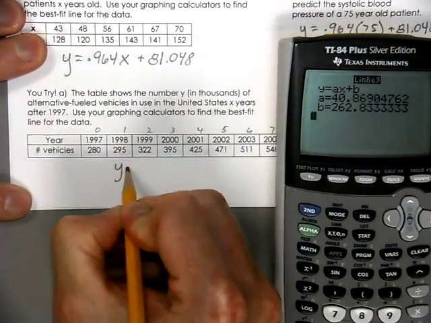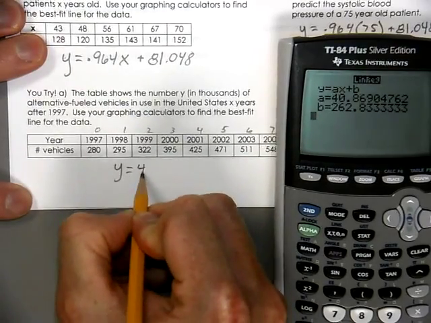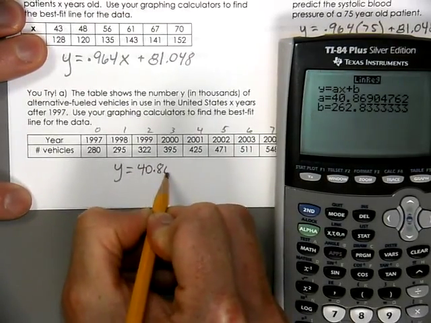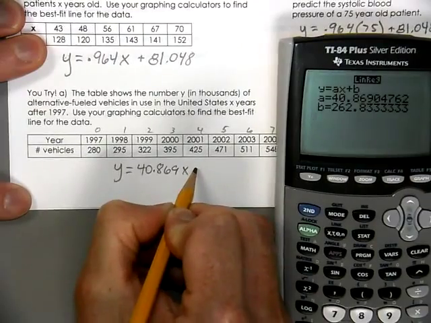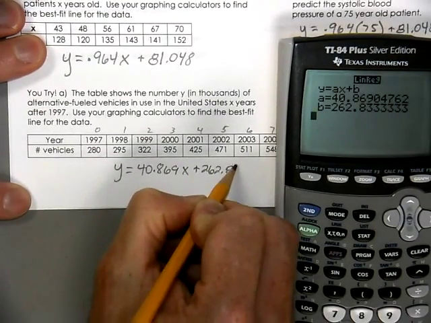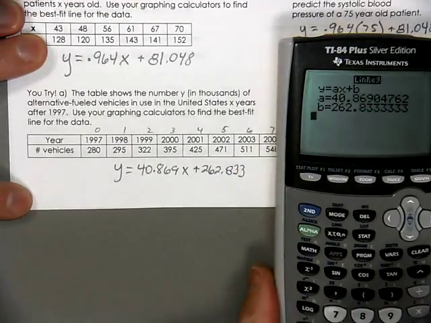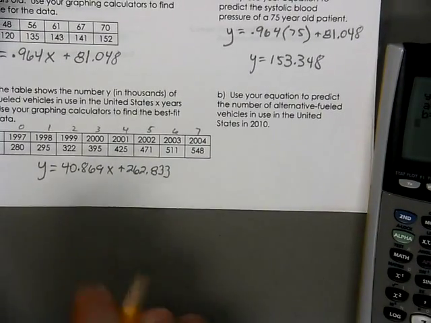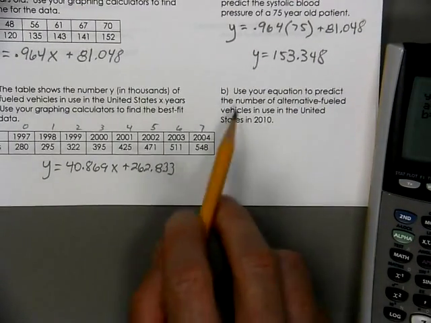So now we're going to have y equals 40.869x plus 262.833. The more numbers you use, the more accurate it is.